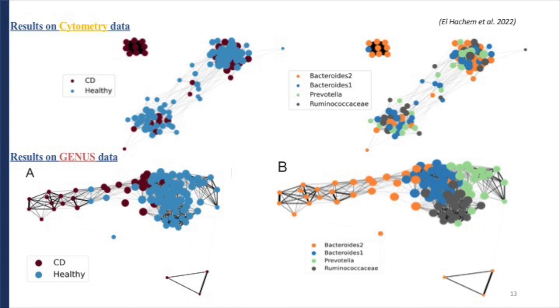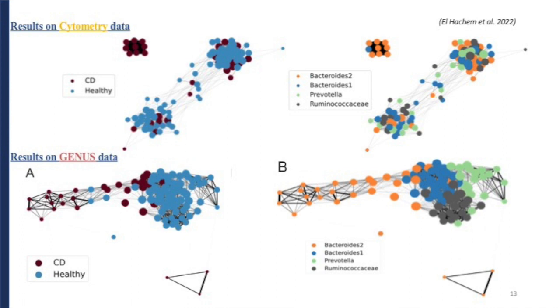And when we highlight the patients based on their enterotype, we found that Bacteroides 2 patients are on the top left, while we found a mixture of different enterotypes in the two other clusters.